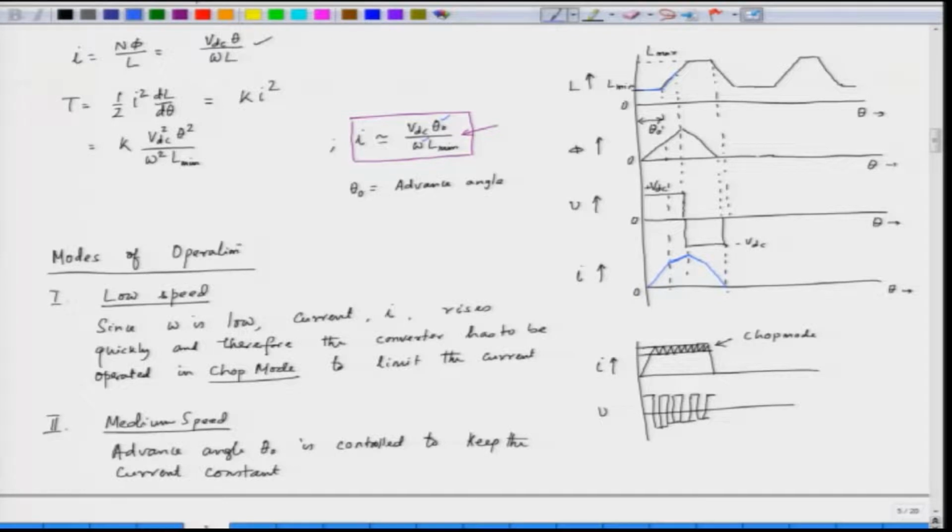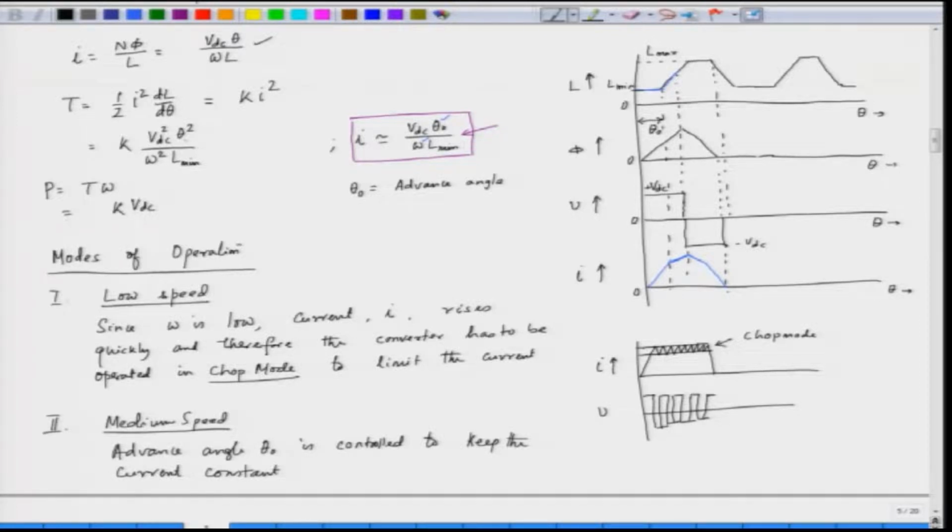So, if theta naught is increased, the current is kept constant, but the power in that case will also be constant. So, what is the power here? Power here is T into omega, that is equal to k V d.